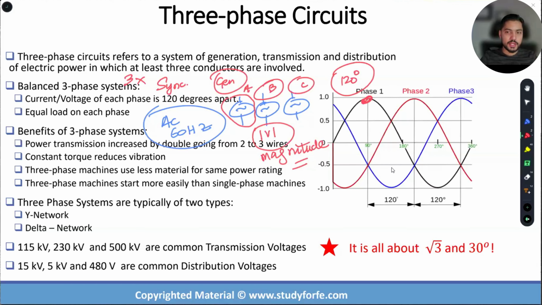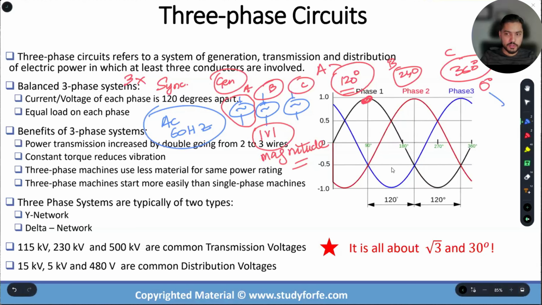If generator A is at 120 degrees, generator B is going to be at 240 degrees, and generator C is going to be at 360 degrees. 360 degrees is 0 degrees. So 0 with reference to 120, the delta is 120.